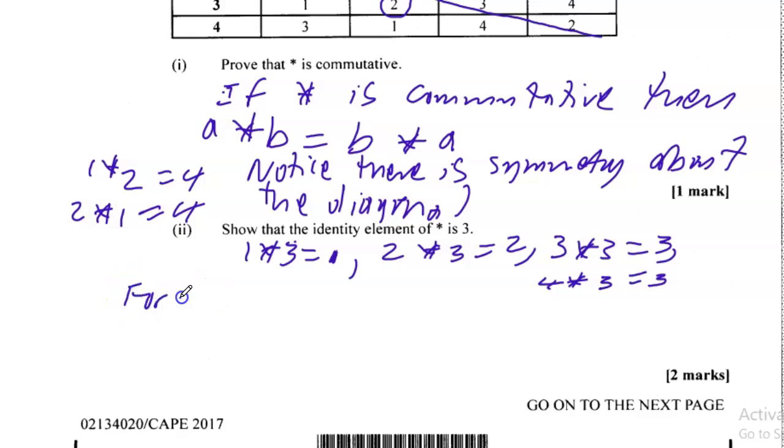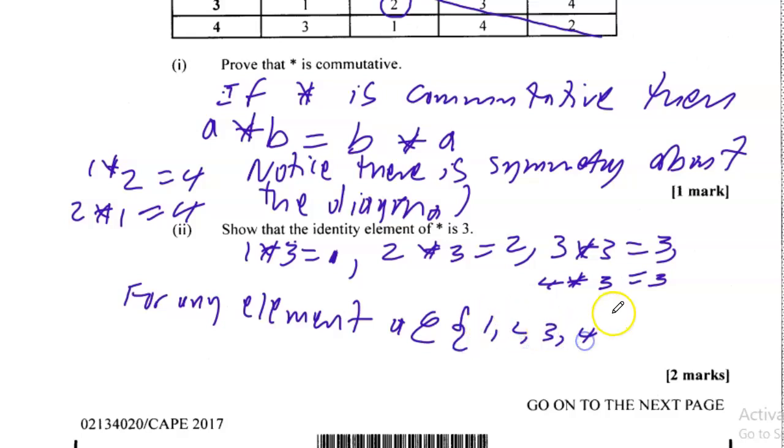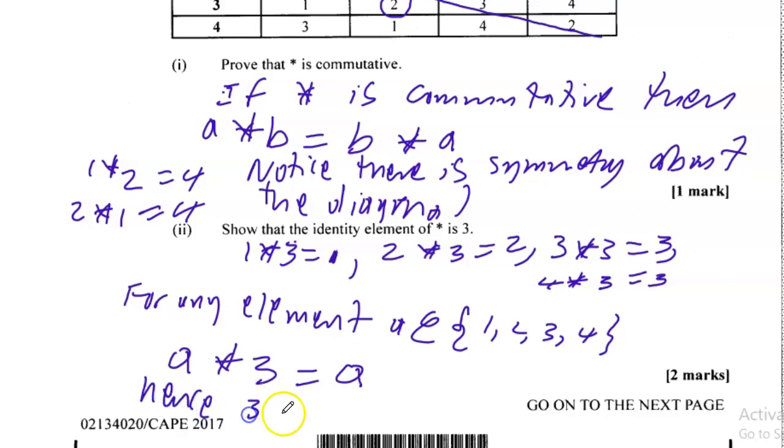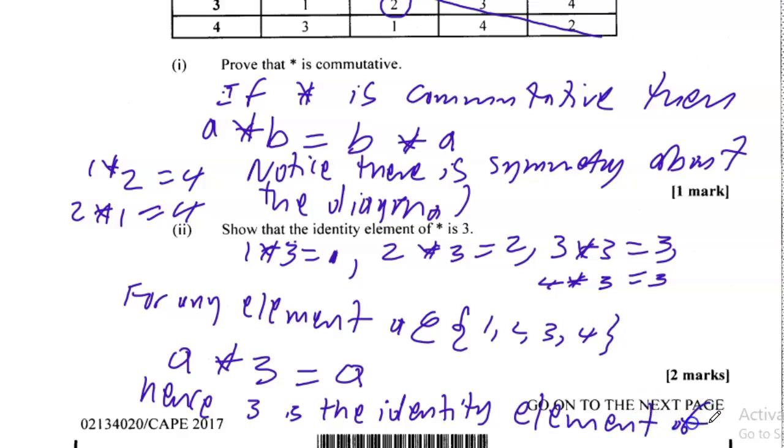So for any element A, which is a member of the set 1, 2, 3, 4, A asterisk 3, you get back the same element A. Alright, hence 3 is the identity element of the operation.